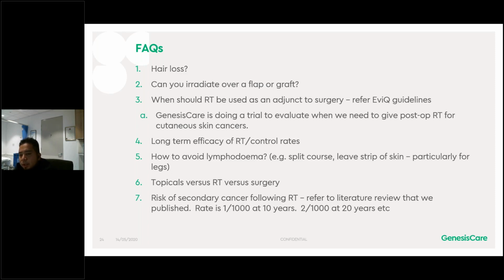Yes. Okay. Right. So, hair loss. How about hair loss? If you treat an area where there's hair, either on the face or near the scalp, or even on the limbs, for a dose of radiation treatment of about 45 to 50 gray, there is still a chance of the hair coming back.